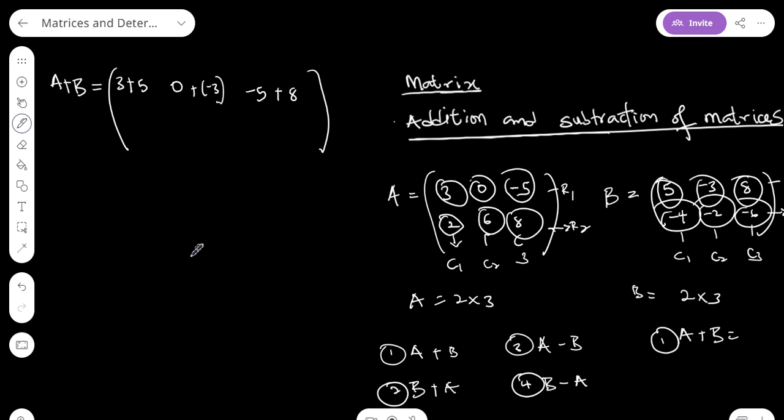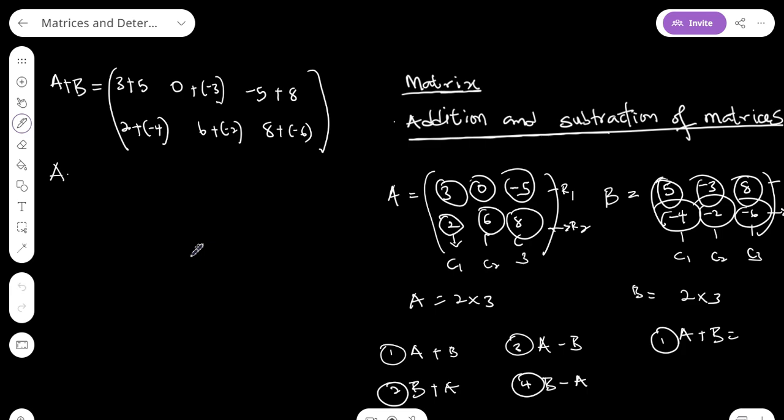So that's the first row. We have the second row: 2 plus minus 4, we have 6 plus minus 2, and then we have 8 plus minus 6.